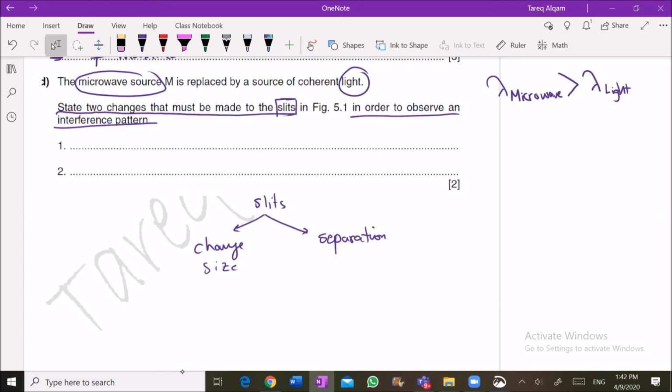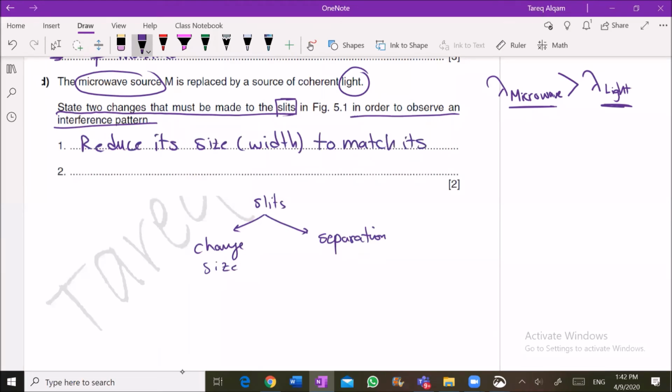Exactly, Omar. Since the wavelength of the light is less than the wavelength of the microwave, the size of the slit must be less than the size of a slit for the microwave. So here I have to reduce its size, or width, let's say better. Of course this isn't required, but so that when you go back you know why. So the light, or let's write it like this, to match the light wavelength. Okay? Clear? So that we have diffraction.